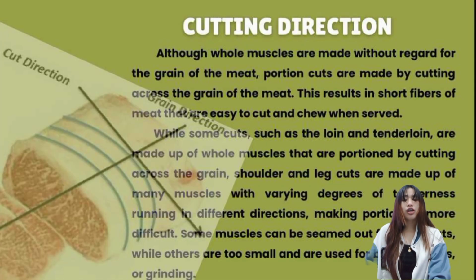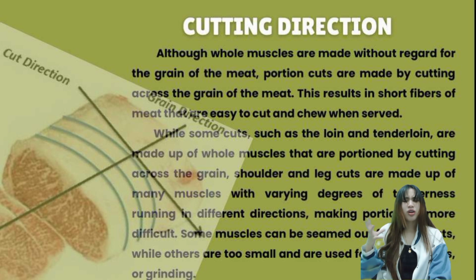So, cutting direction. Although whole muscles are cut without regard for the grain of the meat, portion cuts are made by cutting across the grain of the meat. This results in short fibers in the meat that are easy to cut and chew when served.